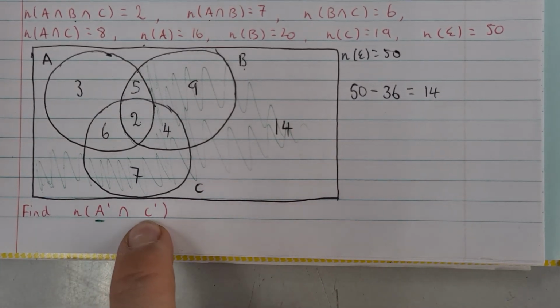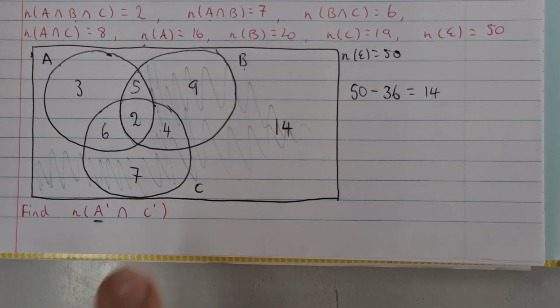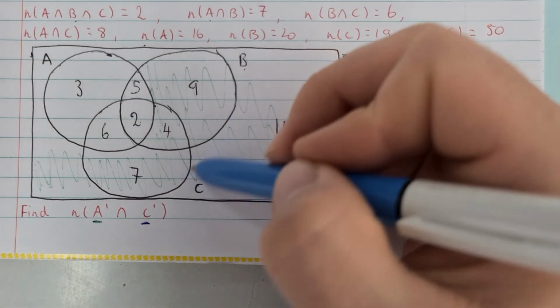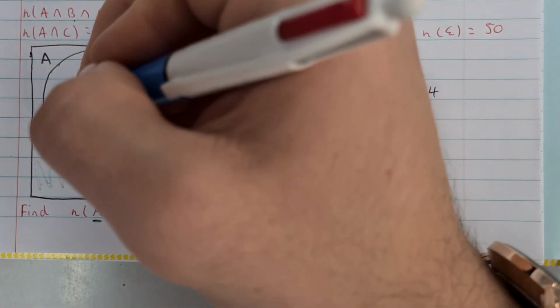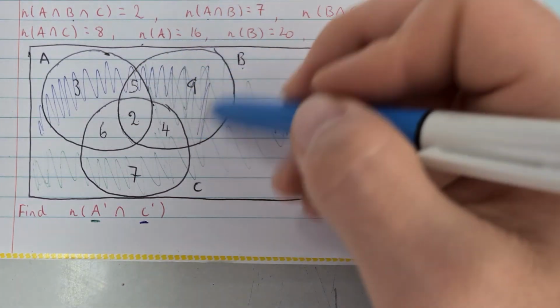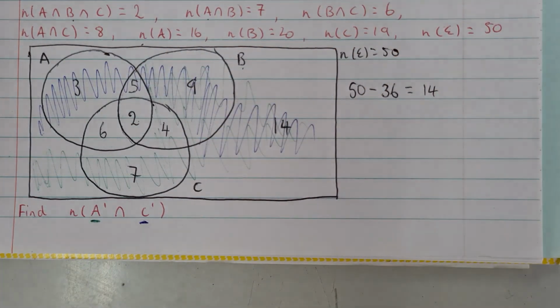And maybe I'll just underline that green so we know. Now we want to find it with the intersection with everything that's not C. So I'll shade that with blue. So everything that is not C, which is this circle, I'll shade everything that is not C. It's all those numbers there.